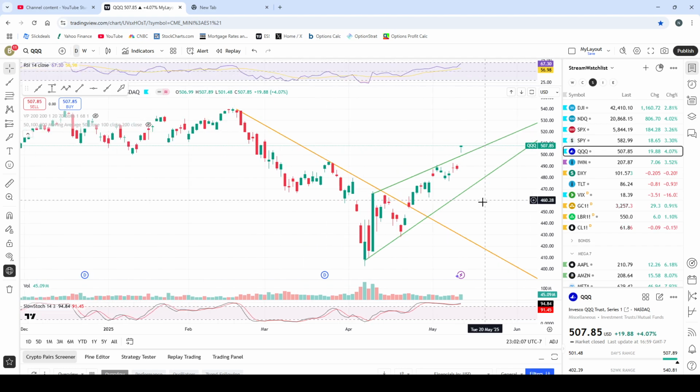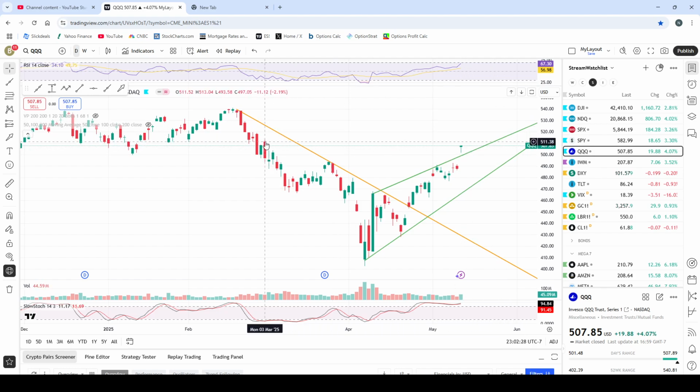So what's next? Same overbought condition as SPY. And when you look back, right? You look back and you see this and you see this, and it's right here.